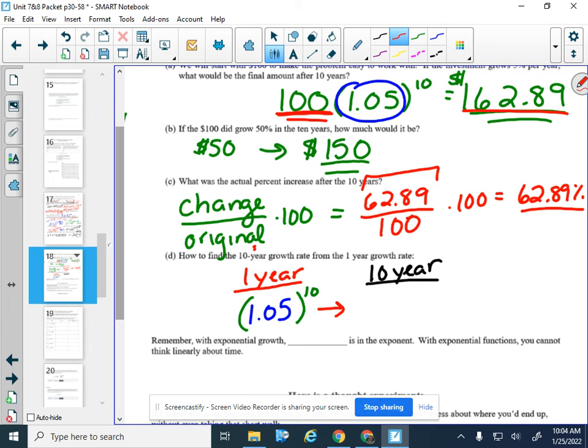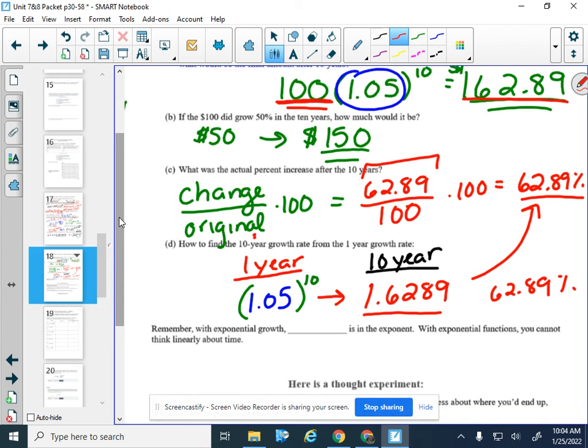If I type that in my calculator, this shouldn't be a surprise. I get the decimal 1.6289 approximately, which, if I was looking at that as a base, is a 62.89% growth rate.